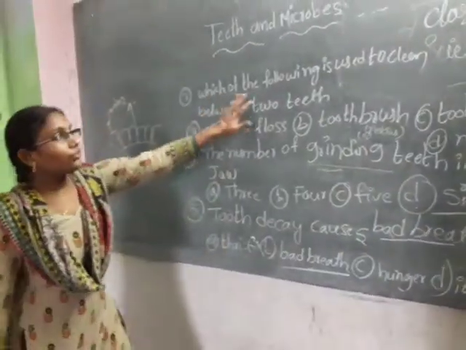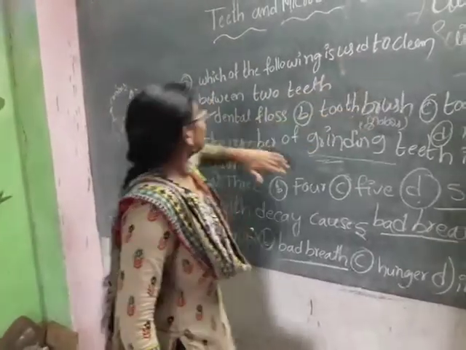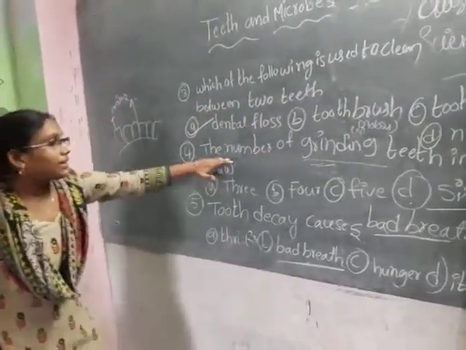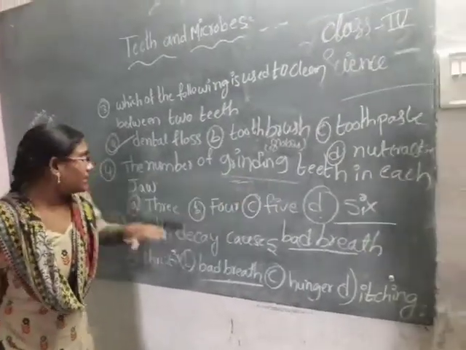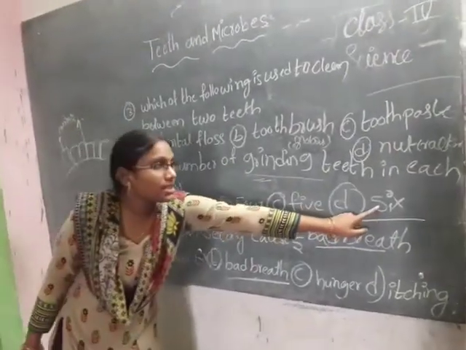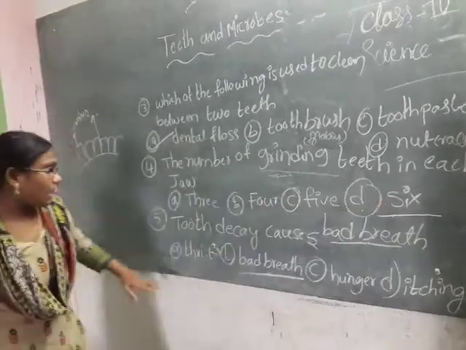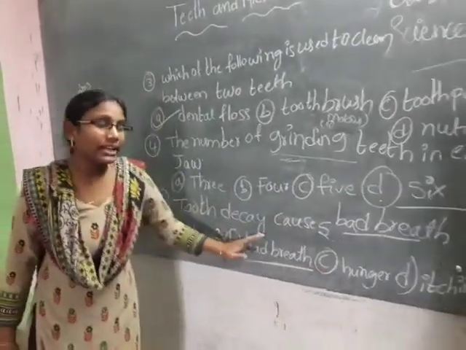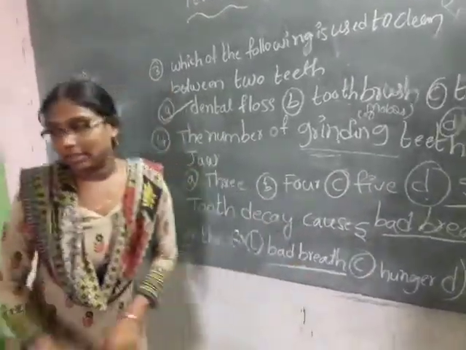To recap: dental floss is used to clean between two teeth, there are 6 grinding teeth in each jaw, and tooth decay causes bad breath.